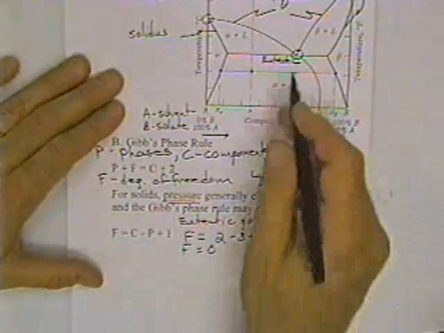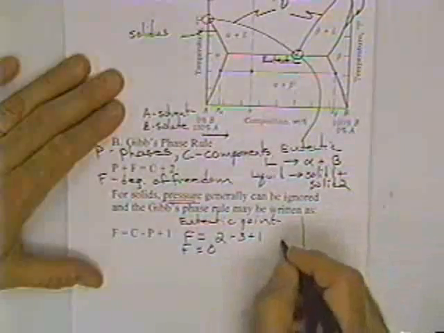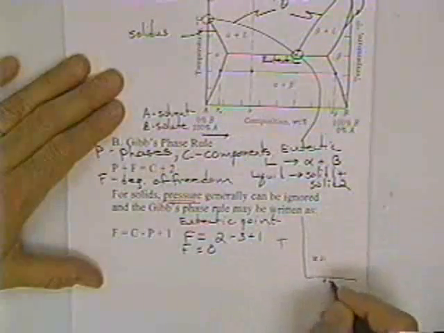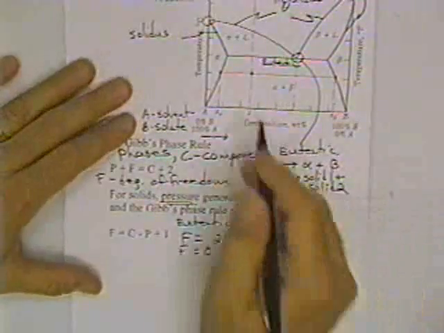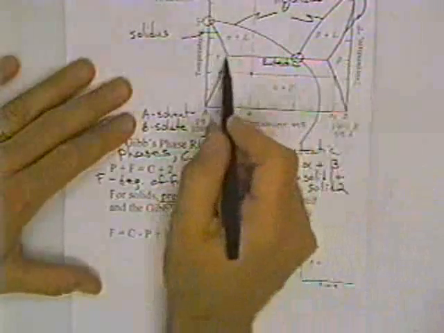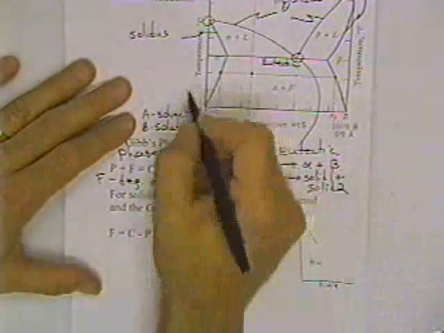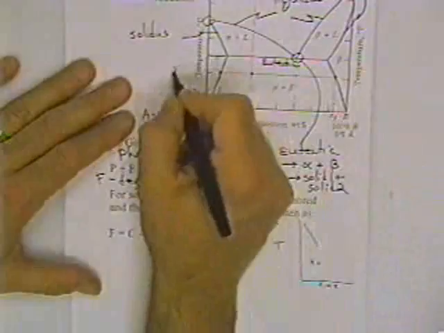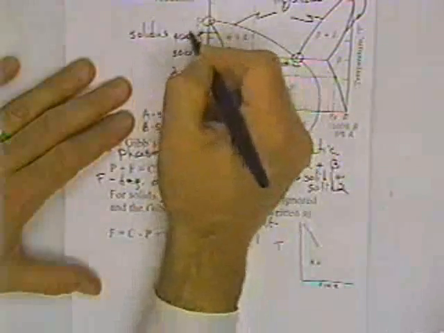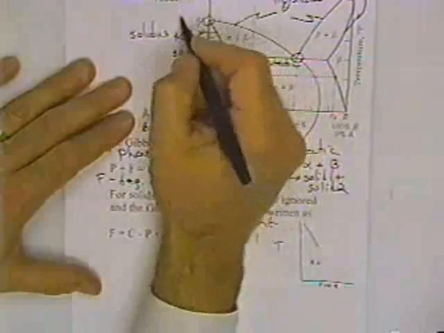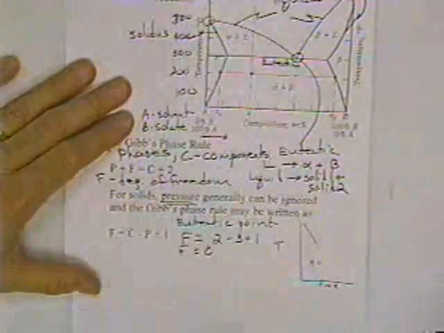If we have an alloy that has a composition of the eutectic, and we plot temperature versus time, and we're cooling on down to some temperature, let's say this is 100, 200, 300, 400, 500 degrees centigrade.